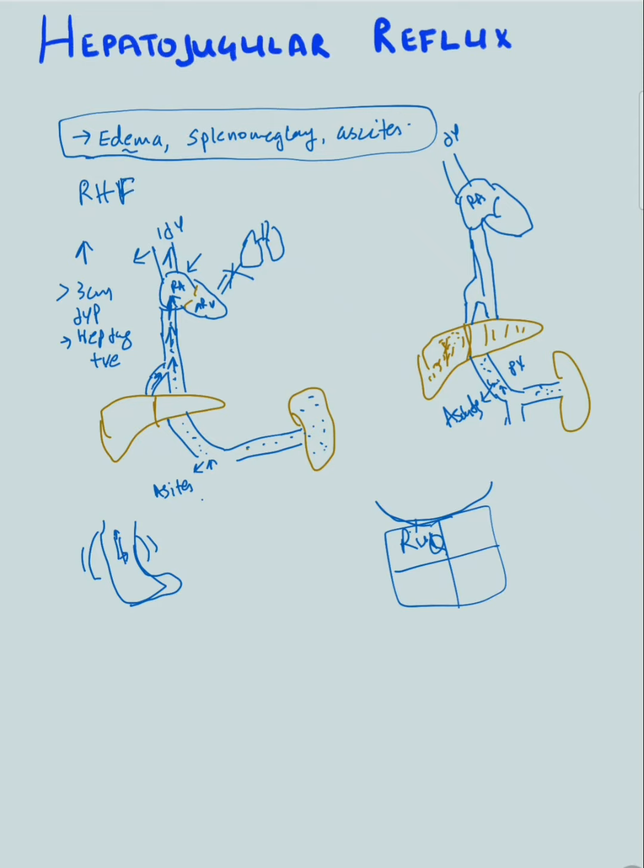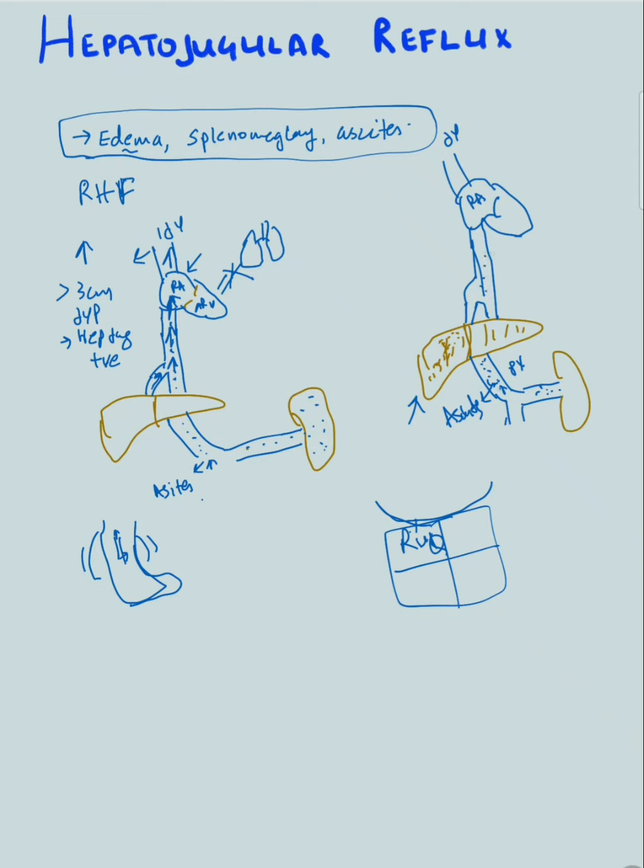On the other hand, if a patient is cirrhotic, and you push the right upper quadrant, giving the liver a push, it will not result in increased JVP. And so this is how we differentiate.